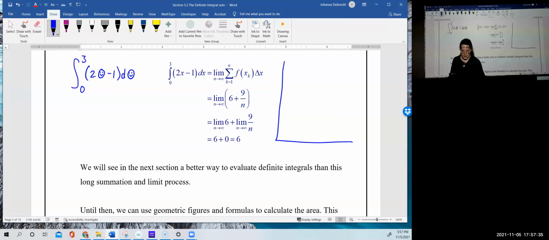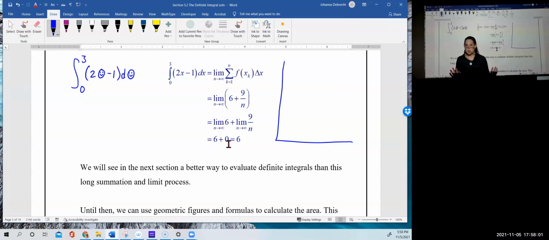Let's take a look now at the next part. Until we find a better way of calculating definite integrals, we're going to be using geometric figures and formulas to calculate the area. Now, okay, I know that's crazy. First off, most areas don't lend themselves well to geometric figures. And second off, that's incredibly tedious and will take forever.